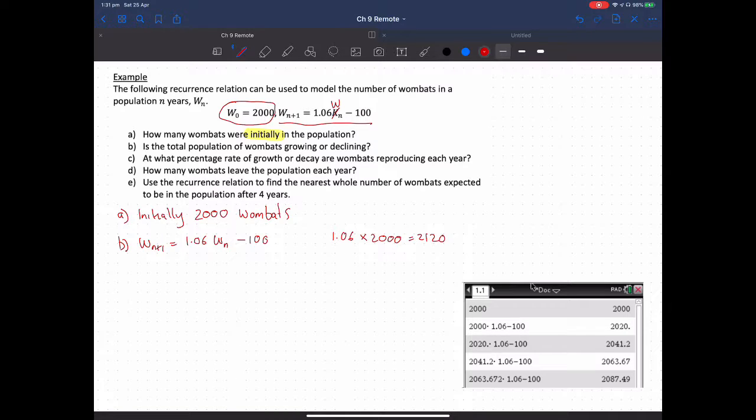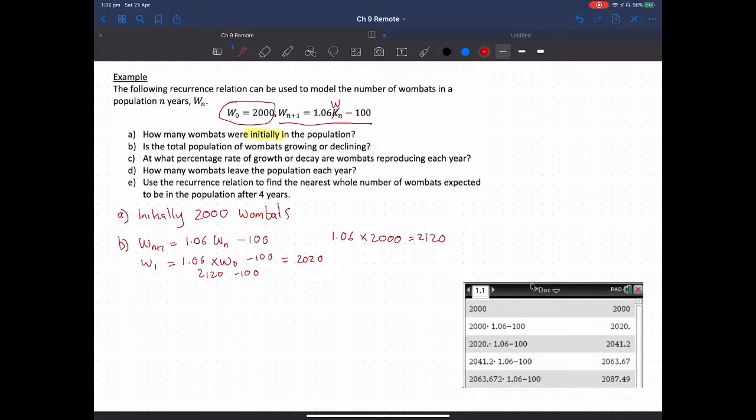That means if I was going to work out W1, I would go 1.06 times W0, and that gives me 2,120. Then I'm going to take 100 from it. Now taking 100 will give me as an answer 2,020. What that means is, after the first year, the population has increased.